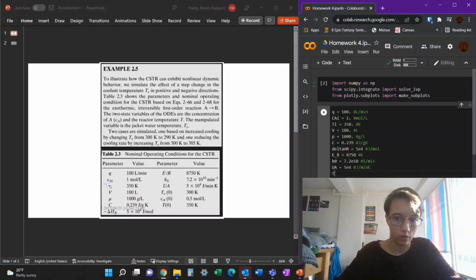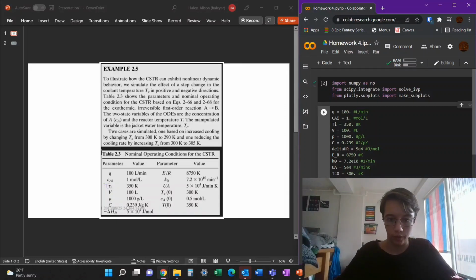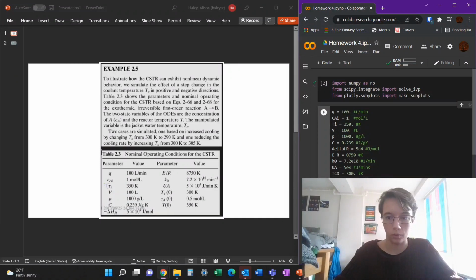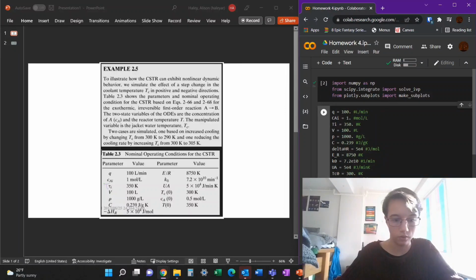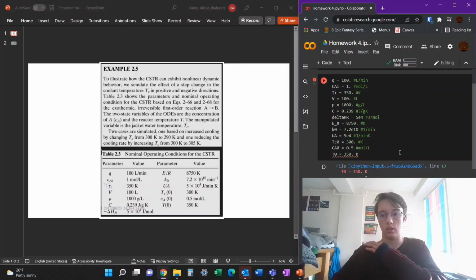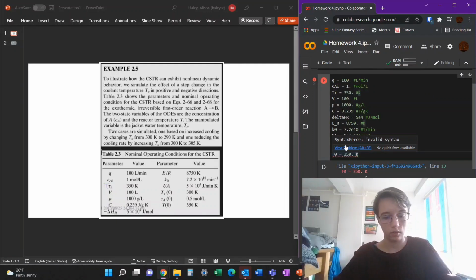And then we have our initial conditions, so temperature of the coolant is equal to 300 Kelvin. And then we'll have the initial concentration of A is equal to 0.5 moles per liter, and then the initial temperature inside the system is equal to 350 Kelvin. So we have all those. Enter those in. Oh, I forgot to comment that out.